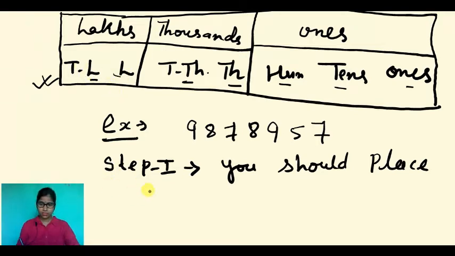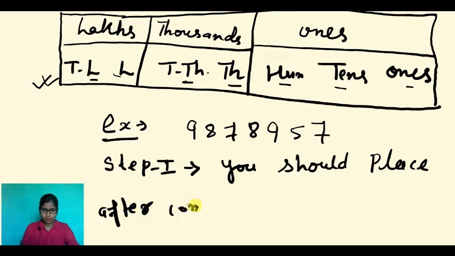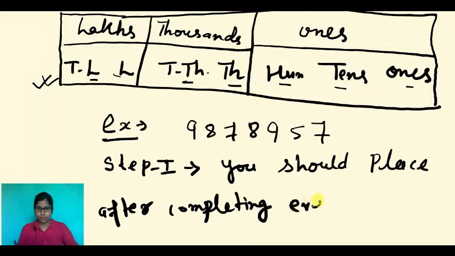Write the statement: you should place a comma after completing every period. Okay, so first complete the first step. Okay, where is your example? Here.